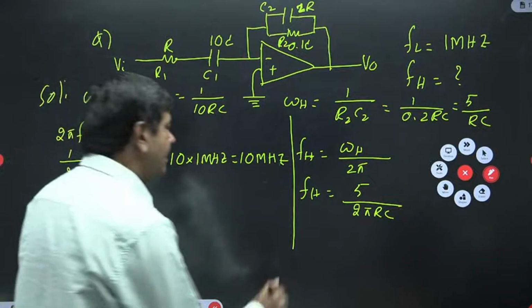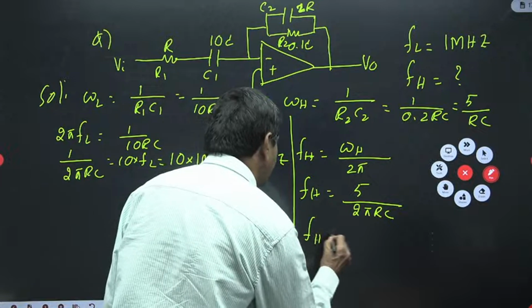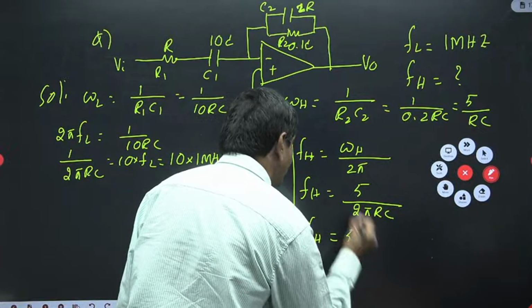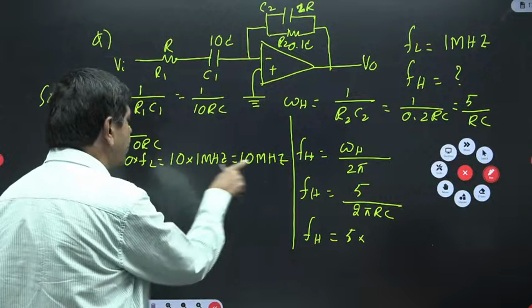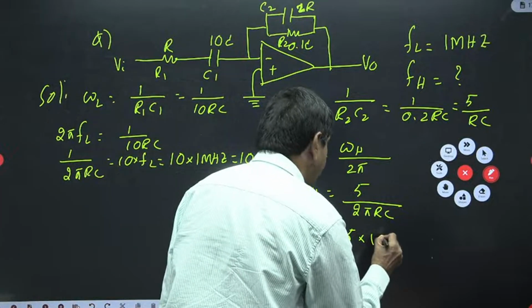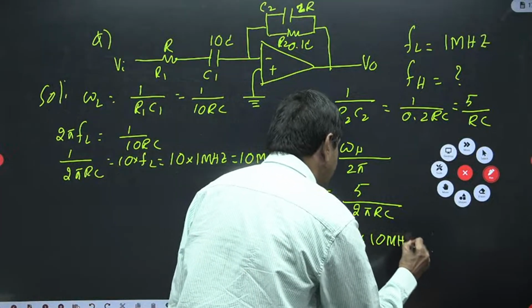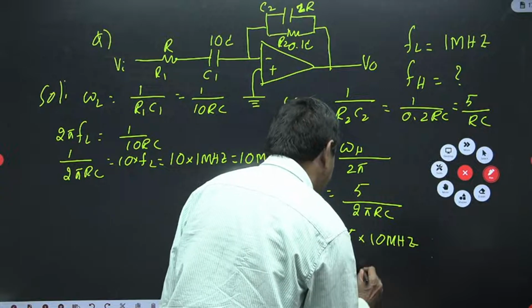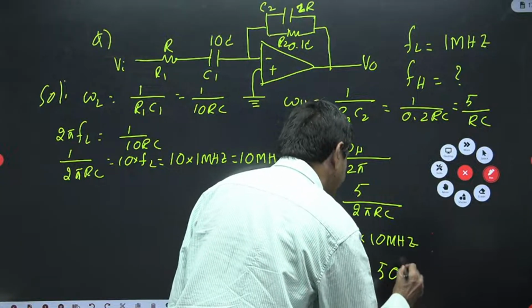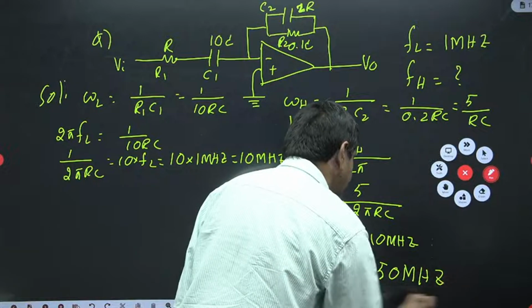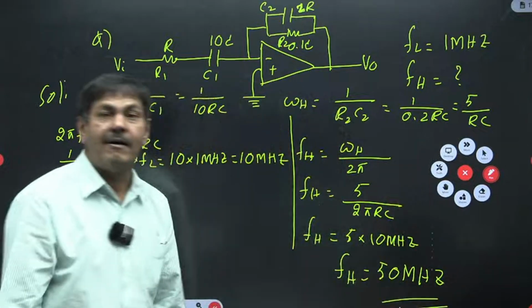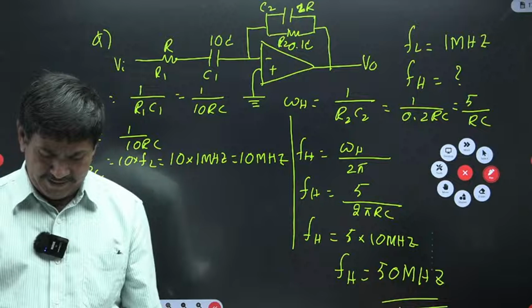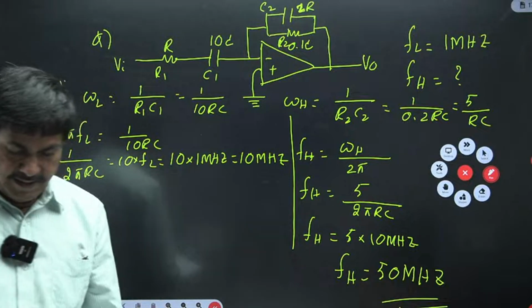Then FH, the high cutoff frequency, is 5 into 10 megahertz. Finally, the high cutoff frequency comes as 50 megahertz. That is the solution for the high cutoff frequency. That way we can calculate. Next one.